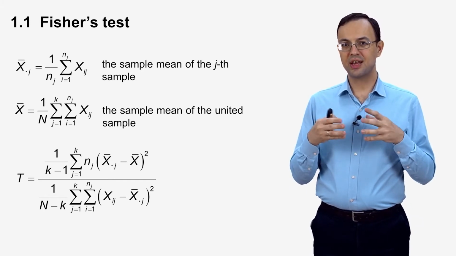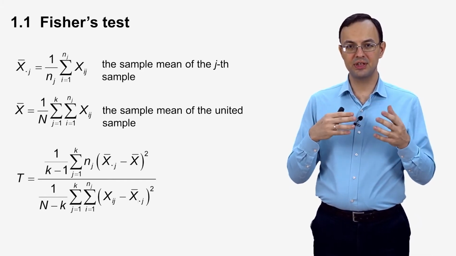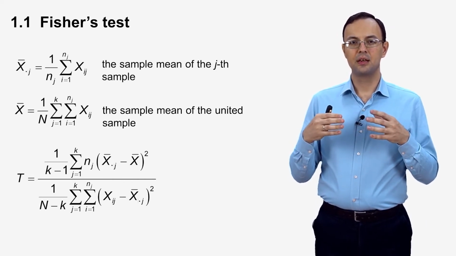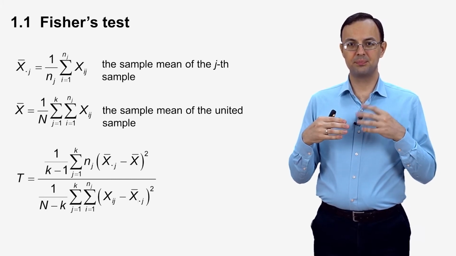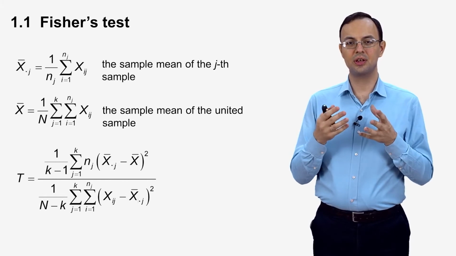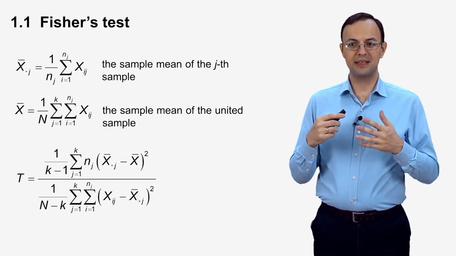So this shows us how mean values for different factor levels differ from each other. So if the difference is big, then this expression in the numerator is big.